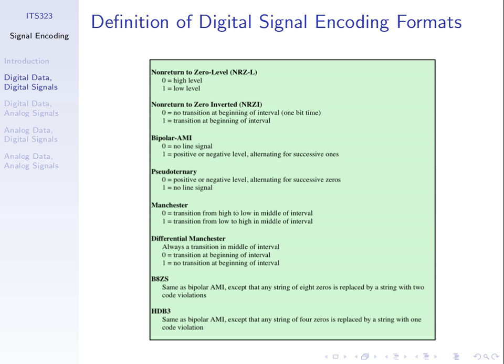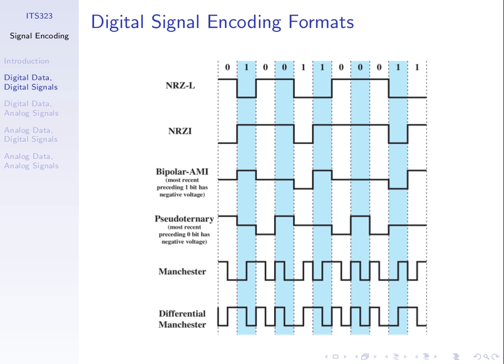Same with bit 0. Change at the start and in the middle. Bit 1 do not change at the start of the interval, only in the middle. Did I get it correct? You'll see the answer. Hopefully it corresponds to the one here.